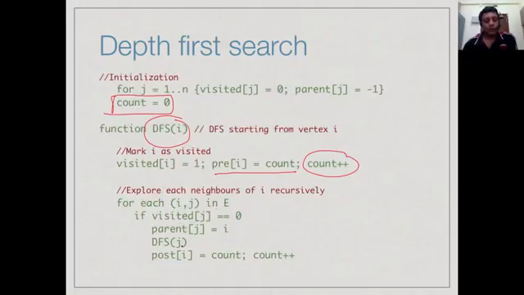Likewise, when I'm about to exit, I mark post of i equal to count, and again I increment the counter. Remember, in between a lot of recursive calls happen, so this count at this point is not going to be the same as the count which I incremented. There's going to be a lot of stuff happening in between, and it turns out that the order in which these two numbers, pre-i and post-i, occur across vertices, I can actually recover a lot of information.